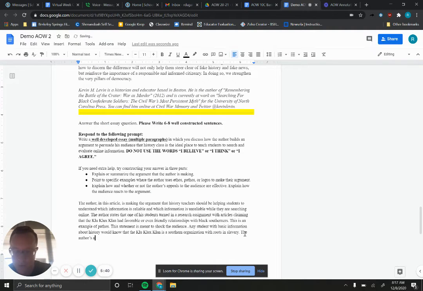The author's argument should shock the audience into, and so think about what he wants the audience to do, right? He wants them to support his idea that history classrooms should be teaching how to judge whether or not things on the internet are reliable. Okay, so we're going to go back up here and refer to what we think he's arguing in our first sentence. Should shock the audience into supporting his idea that history classrooms should teach internet research.